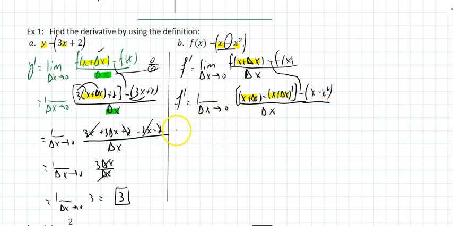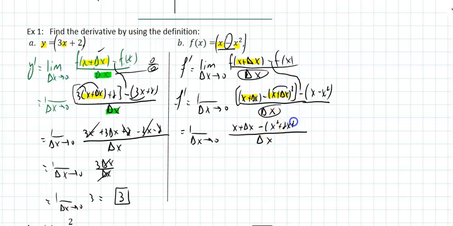Make sure to use parentheses. And again, at any given stage, if I let delta x equal 0, I get 0 over 0, which means I didn't manipulate it. Obviously, the only variable in the denominator is delta x. That has to cancel out, and that cancels out algebraically. If you FOIL this, that's x squared plus 2x delta x plus delta x squared.